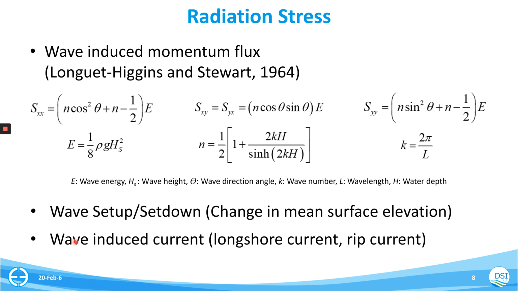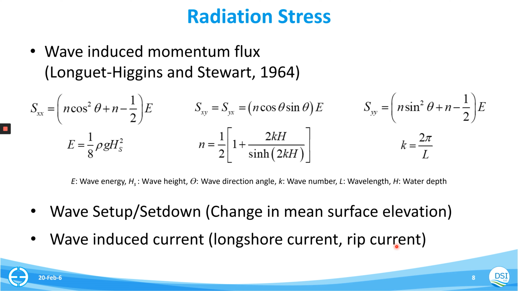And another thing is the wave-induced currents, which include the longshore current and the rip current. So the longshore current: when a wave comes into the shore at an angle, it generally pushes all the sediments towards one direction of the shore, and that's what we call longshore current.